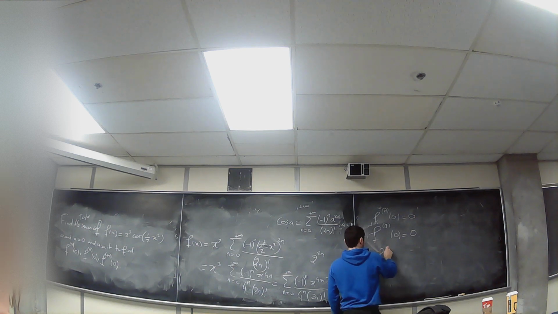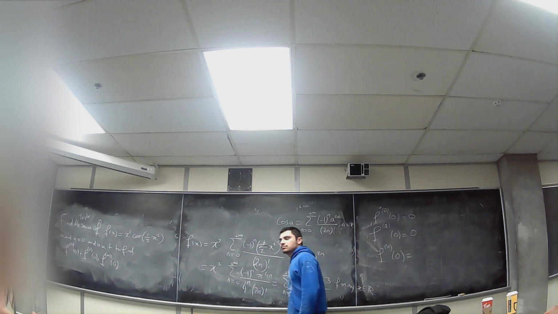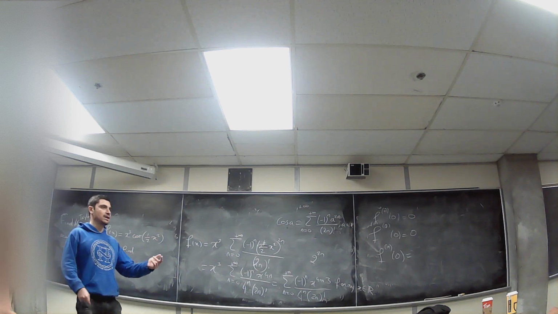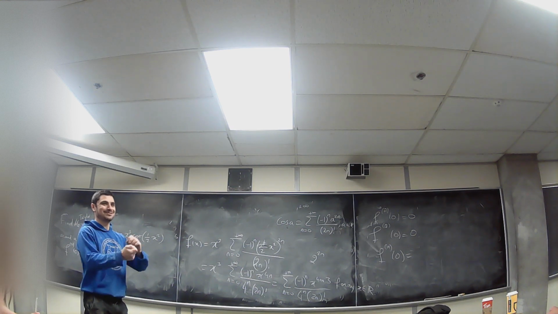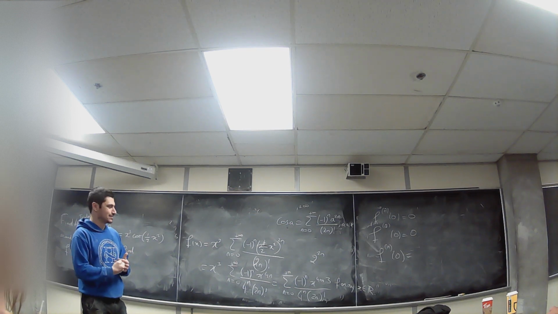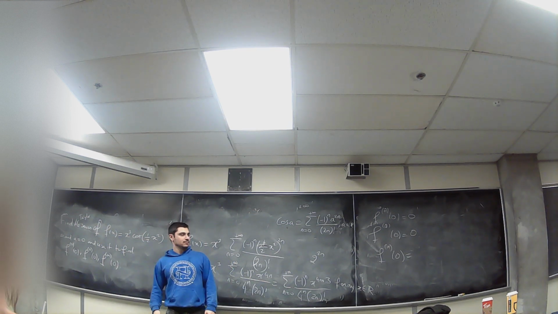Okay, now f^(19). What do I look at? I look at the coefficient of x to the 19. So what is the value of n? For what value of n do I get x to the 19? n is equal to 4. So what is the coefficient I'm looking for? The number shouldn't change here.